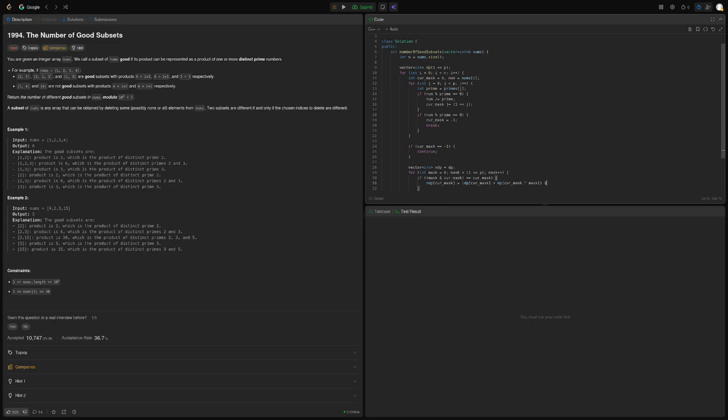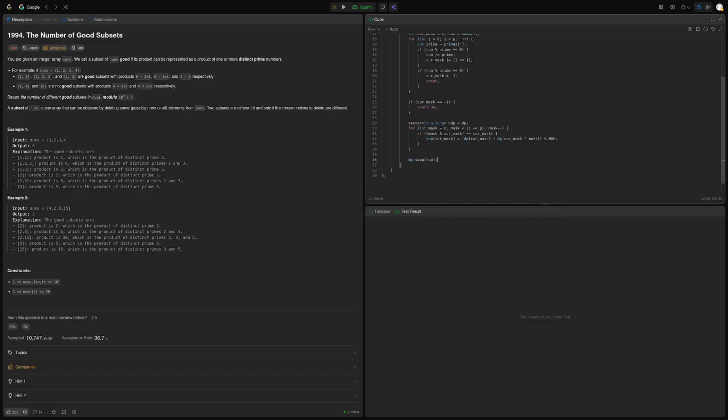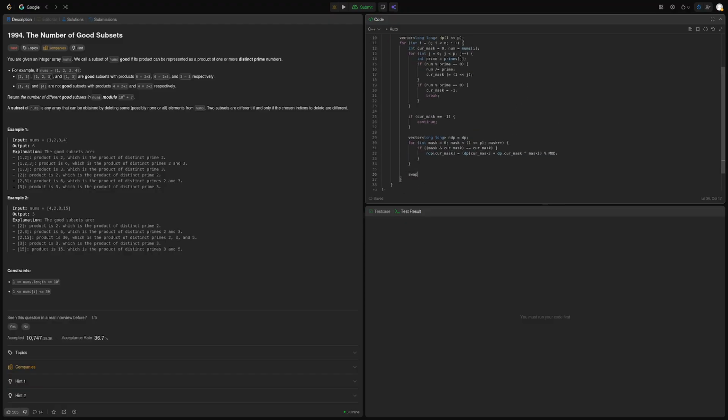Okay, and we modulate. And I think I should use long, and let's make a const long mod equal to 1e9 plus 7. And DP swap NDP, I think that should work, or something like that. Or we can just use swap DP NDP.